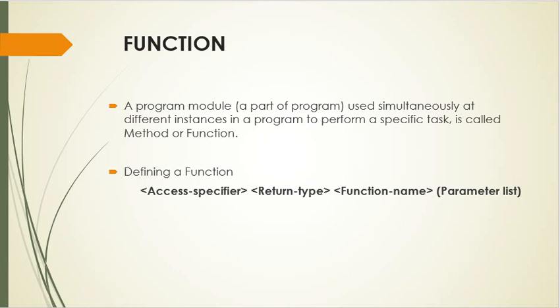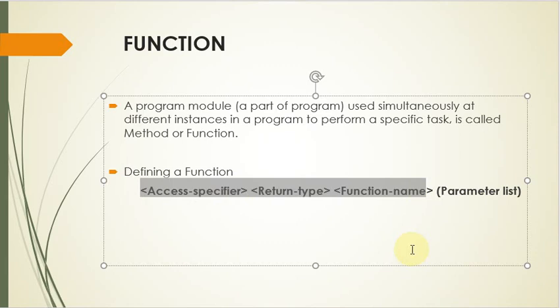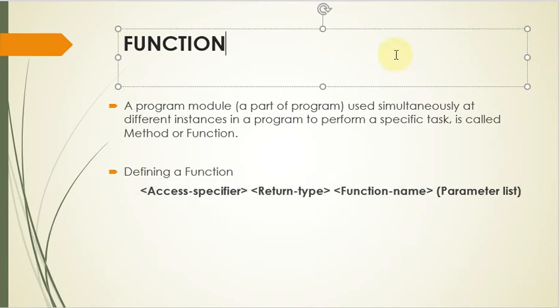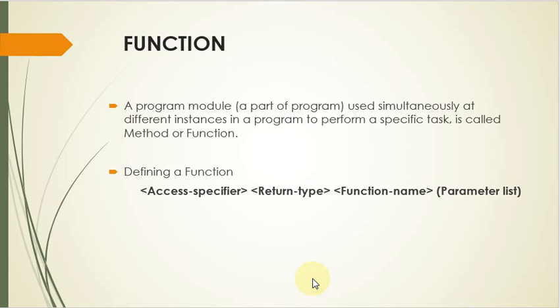The general form of the function definition is as follows. In this way, we can use the function. First is the access specifier, followed by the return type, then the function name, and then we use parentheses. Inside the parentheses, we can include the parameters, and after that we use curly braces to define the body of the function.